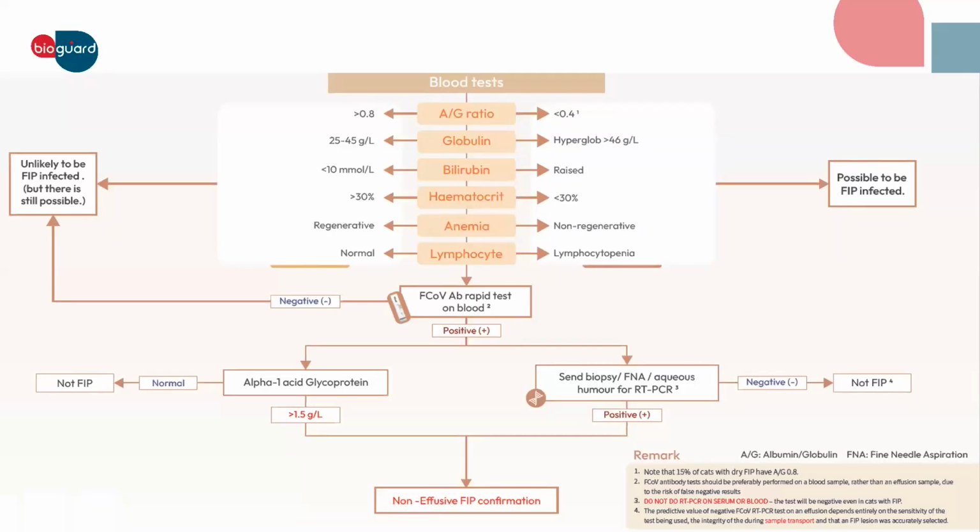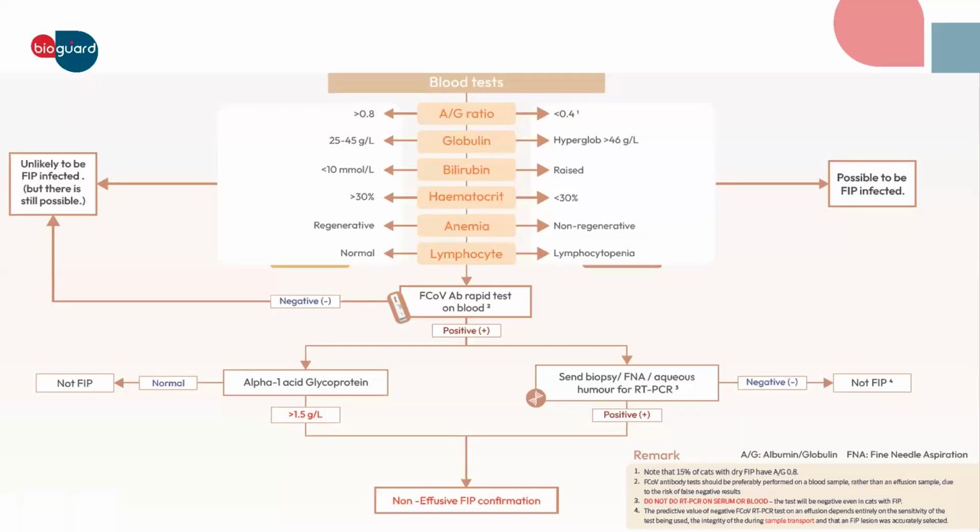Okay, so this test, of course, can be performed with the help of a reference lab, where this protein parameter, if it's greater than 1.5 grams per liter, can also be a clear confirmation of the dry form, or non-effusive FIP.